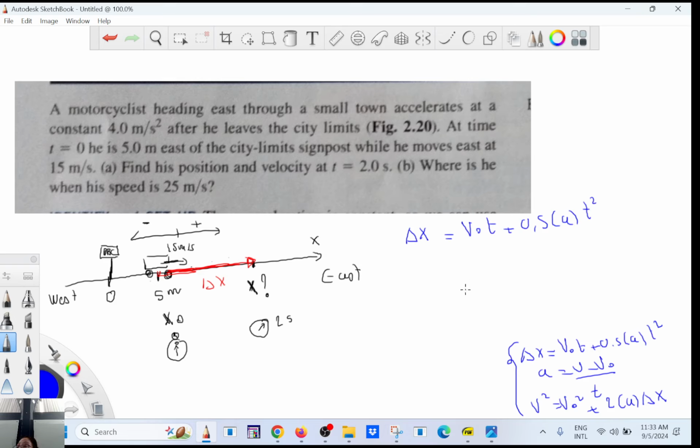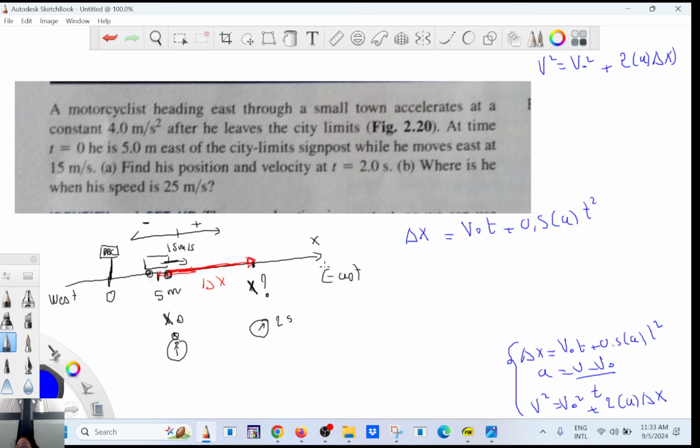Yeah. So the last formula, is that initial velocity squared plus, or is that initial velocity times t? No, the last one is v squared equals initial velocity squared plus 2 times acceleration and delta x.